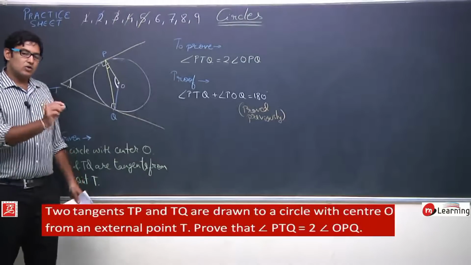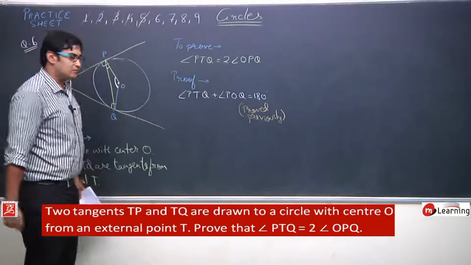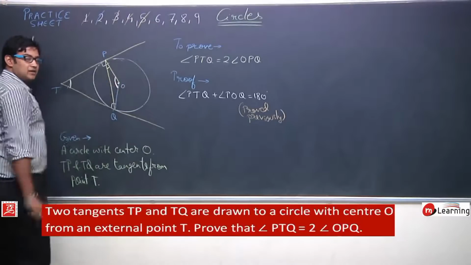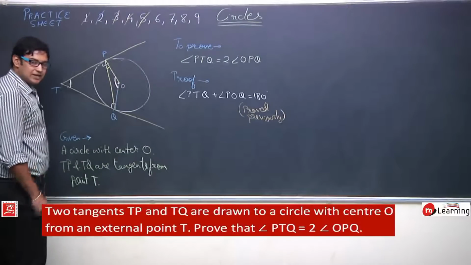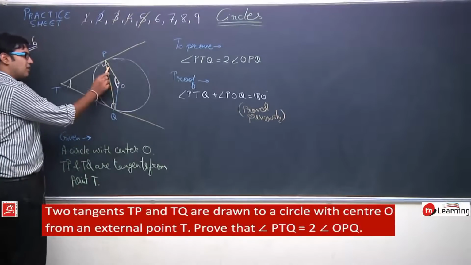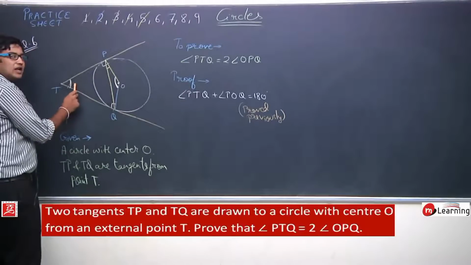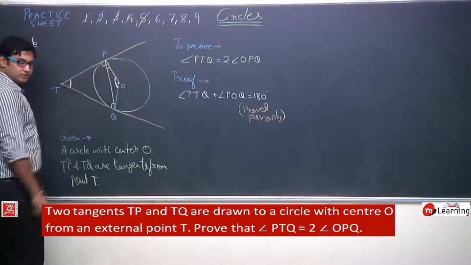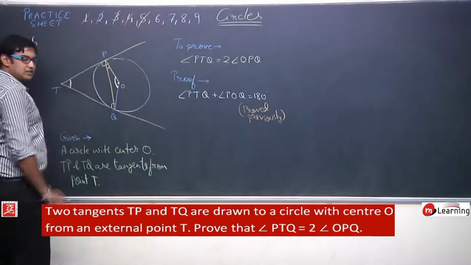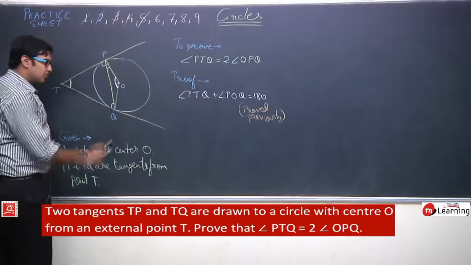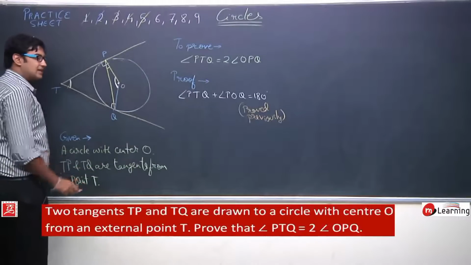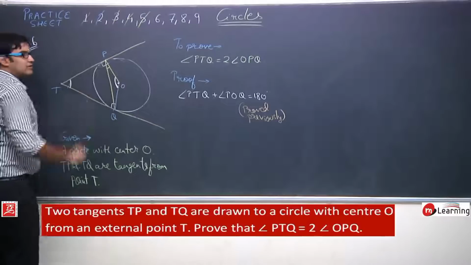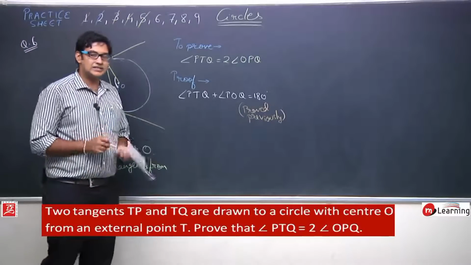Okay. Now observe very carefully. I have a relation between these two angles, but my task is to determine a relation between this small angle and this angle. How to relate these two angles? I have a relation between this and this angle also.